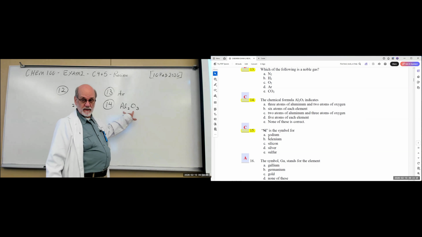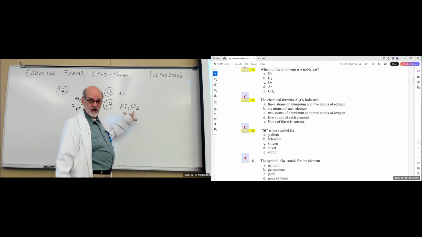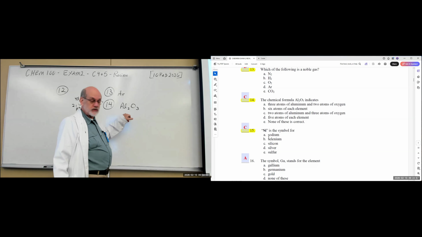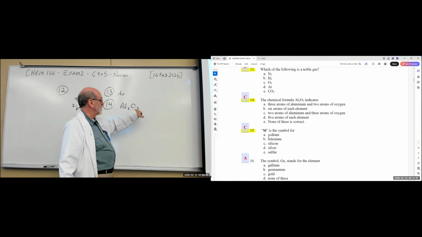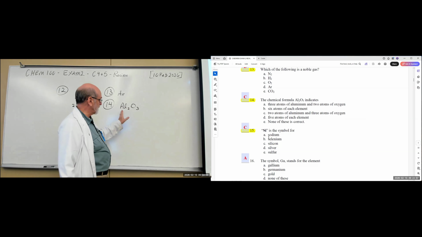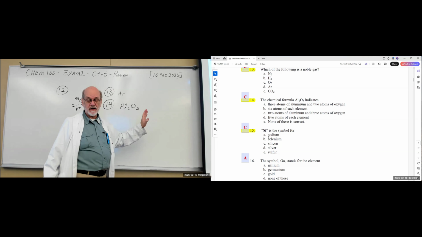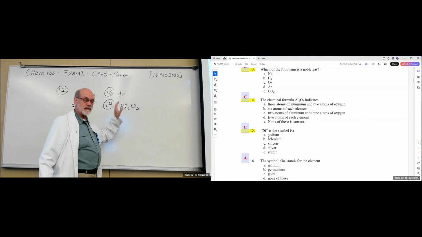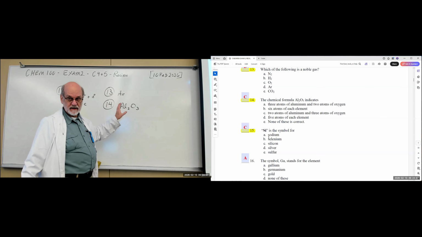It has two different elements, right? And we're told the ratio of atoms of oxygen to atoms of aluminum. For every two atoms of aluminum, we have three atoms of oxygen. And this is a metal and a non-metal, so it's an ionic compound. This is the simplest whole number ratio for that formula.